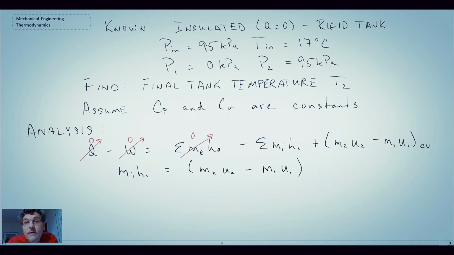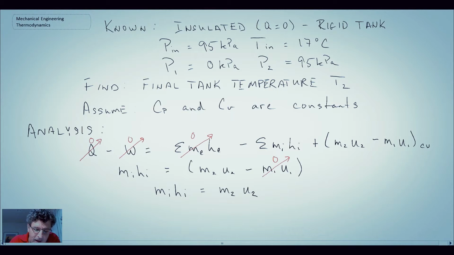The other thing we were told is that the tank was originally evacuated, meaning that there is no mass in the tank at the beginning, at state 1. Consequently, this term also goes to 0, simplifying it even further. So what we are left with is the following equation for the first law.